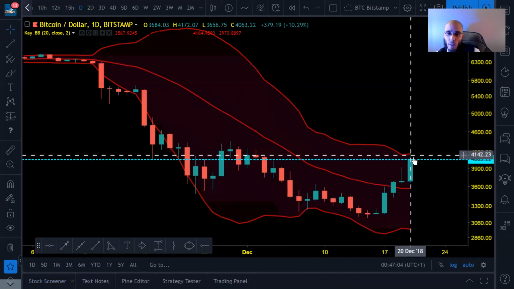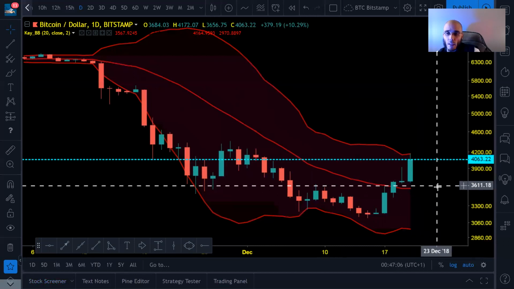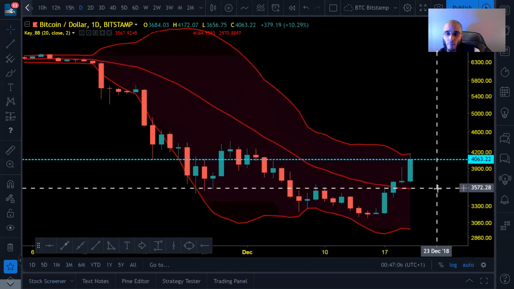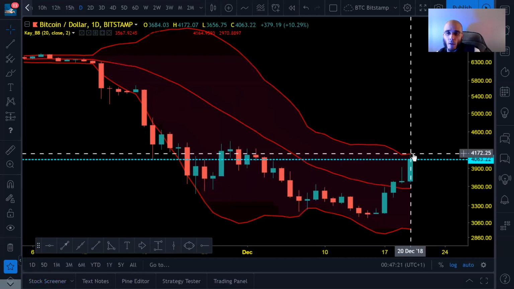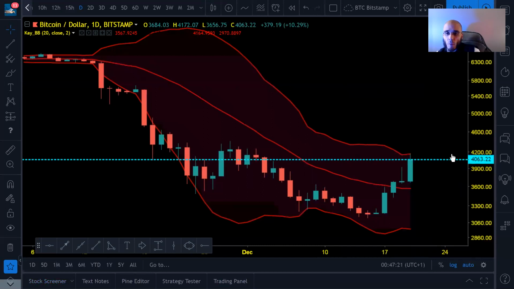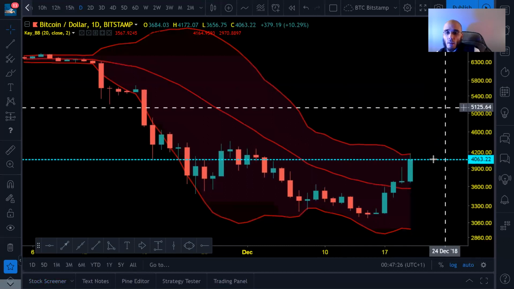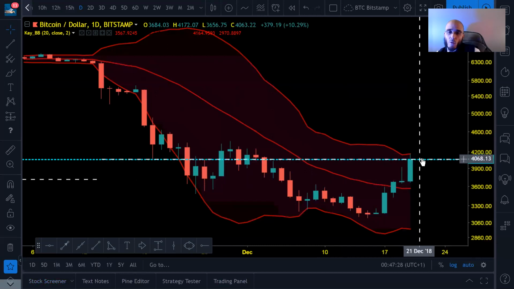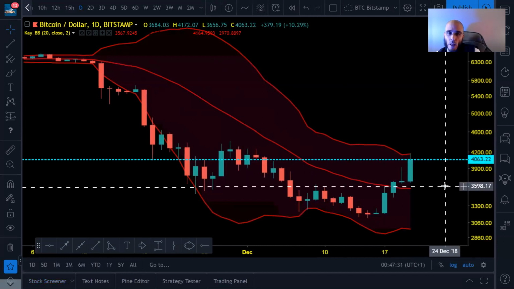But for now, we touched it, and if things go bad, we could go down to the middle Bollinger Band, which is at 3,500. I'm not expecting that, but it could happen since we touched the upper Bollinger Band. But for now, I think we will keep touching the upper Bollinger Band, and if everything goes well, we should follow it upwards.